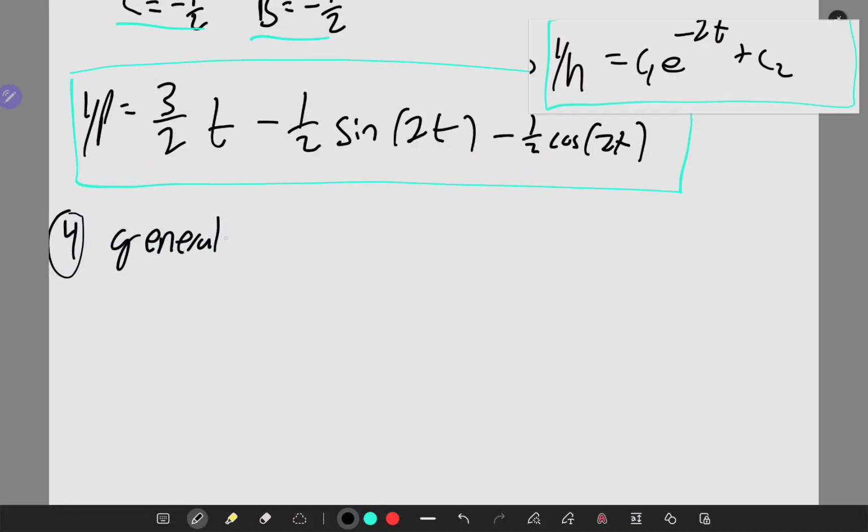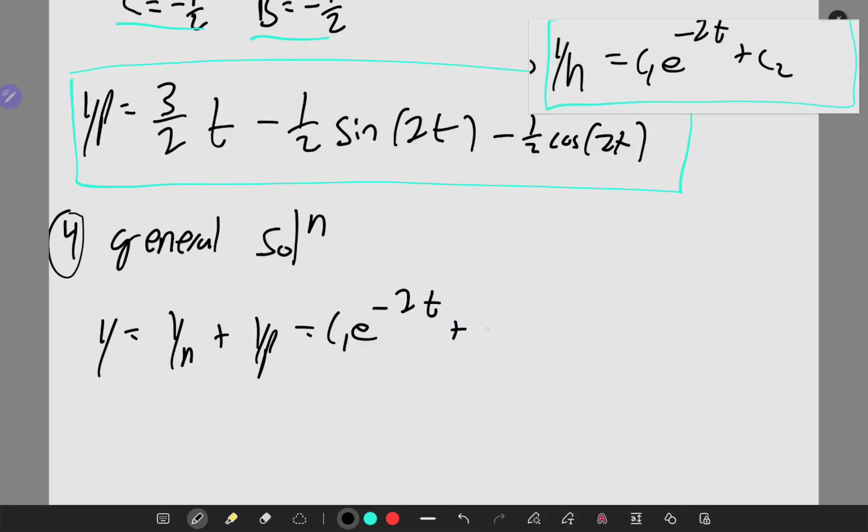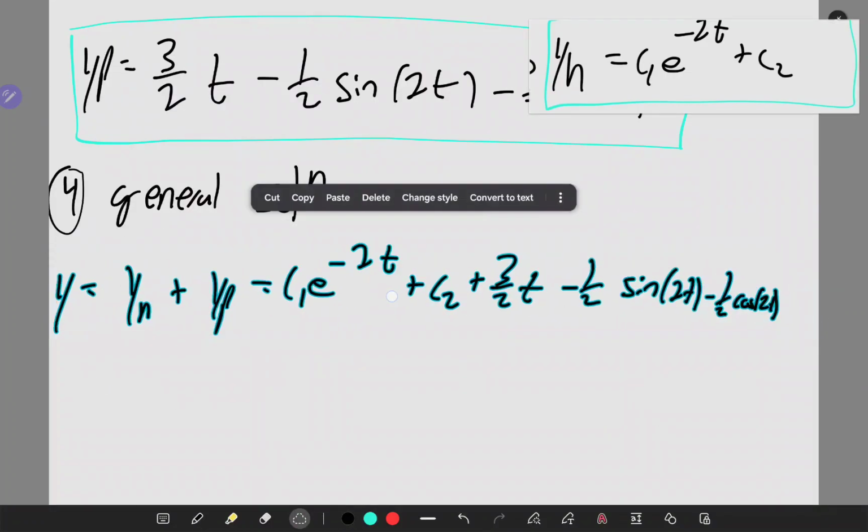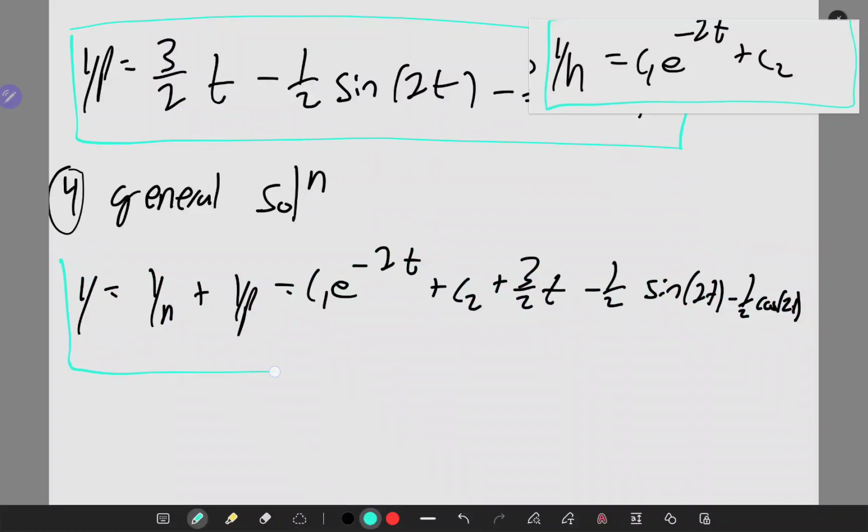Y is equal to y sub h plus y sub p, which is equal to c1 e to the minus 2t plus c2 plus 3 halves t minus 1/2 sine of 2t minus 1/2 cosine of 2t. Kind of ran out of space there. This is our final answer.